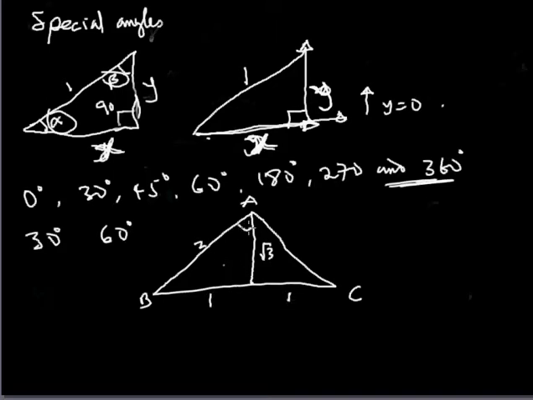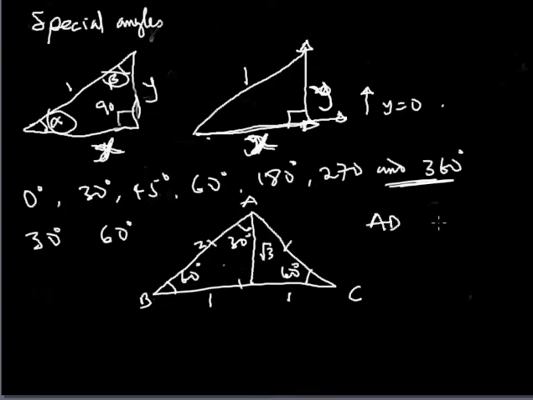We have 30 degree here, and we have 60 degree here. We also have 60 degree here because it's an equilateral triangle. That means all sides are equal.